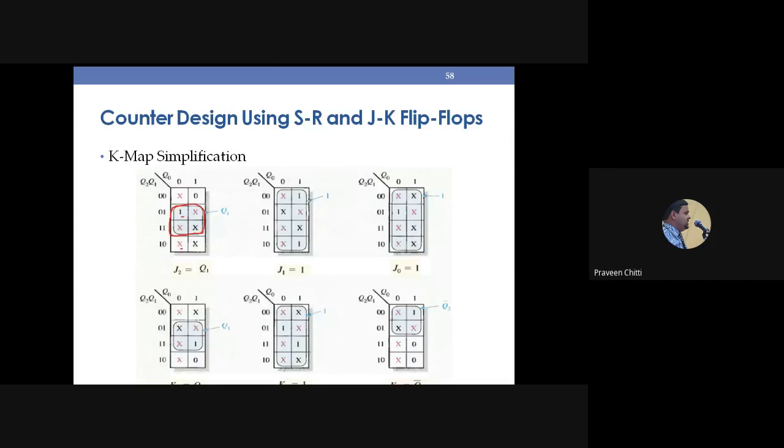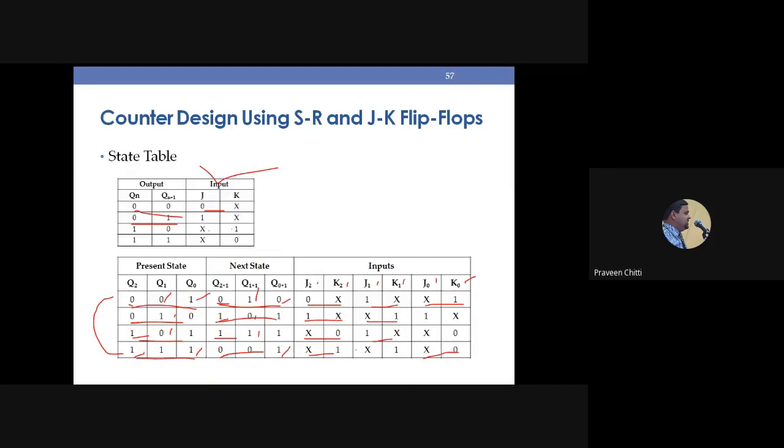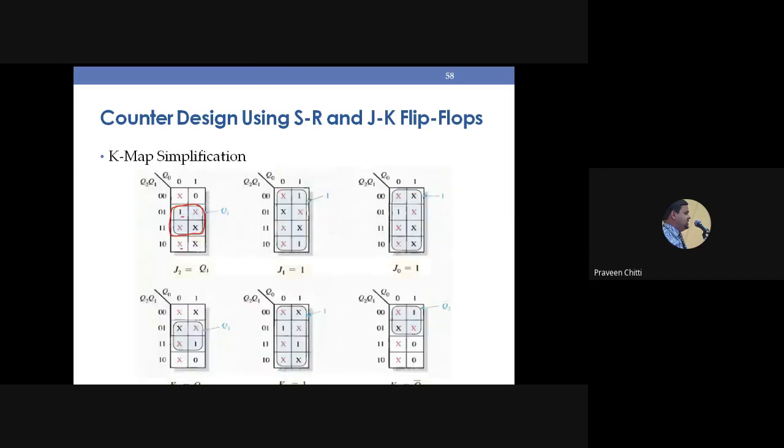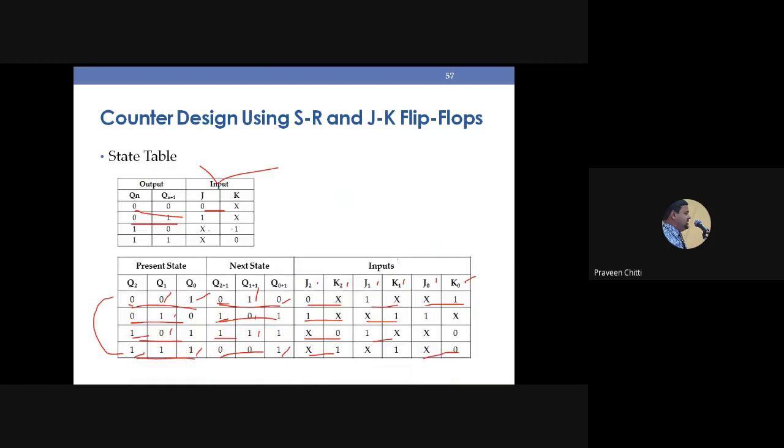Then similarly you can form for J1. So if you see J1, what you have to write is 1X 1X corresponding to these 4, and the remaining 4 you have to write X. So all will be X except these 2 1s. So you can form an octet like this. So it becomes 1. Similarly, J0 also you can get from that previous table here.